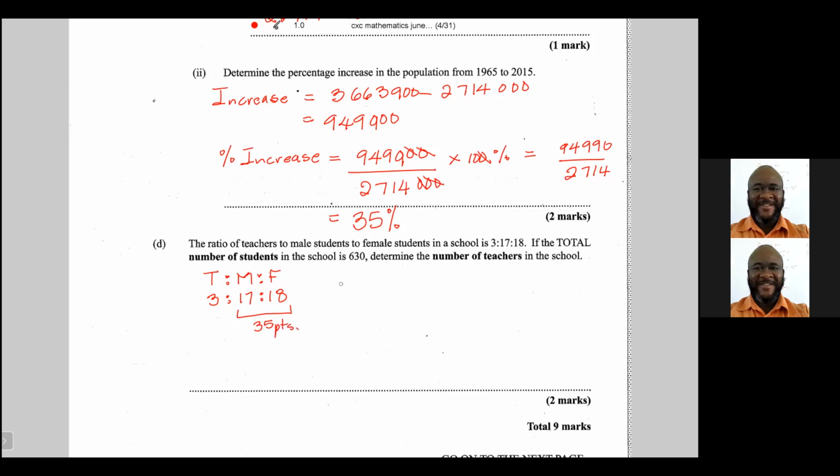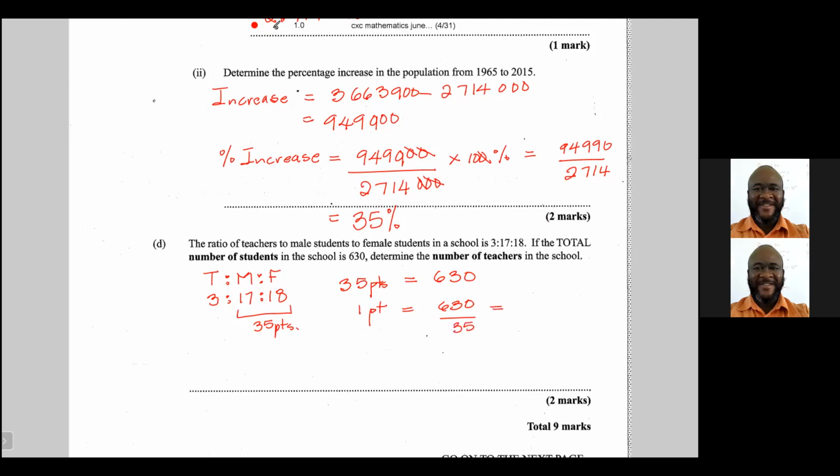The 35 parts correspond to the 630 students. So one part would be 630 divided by 35.